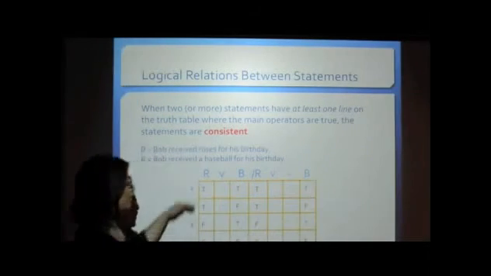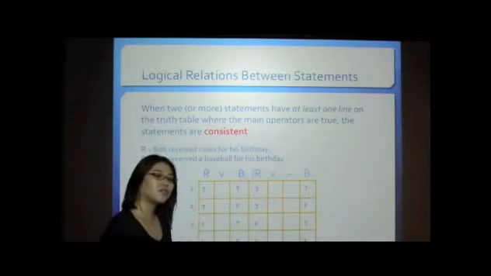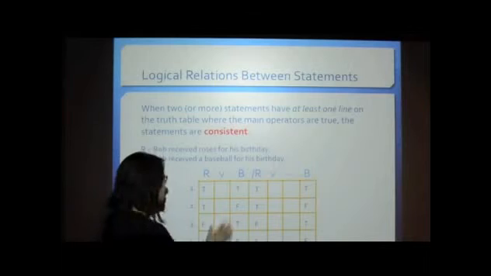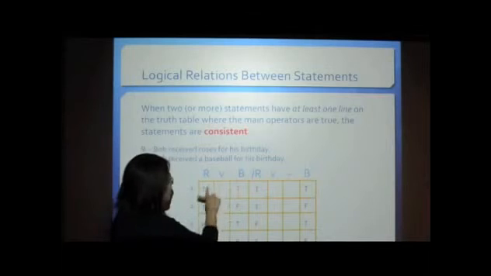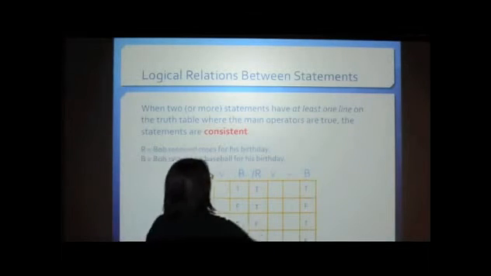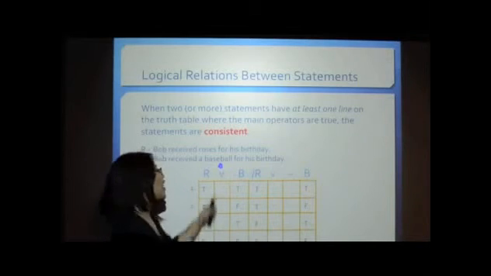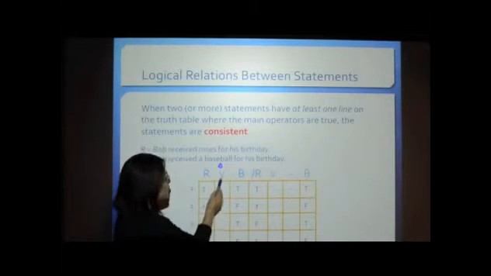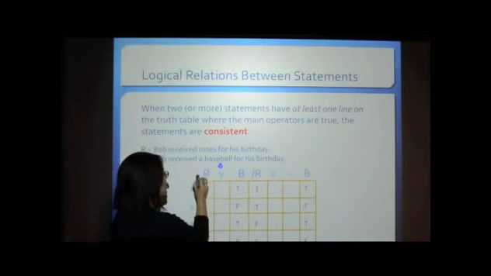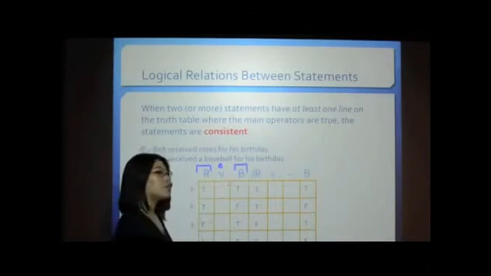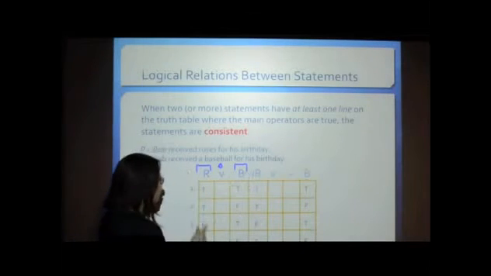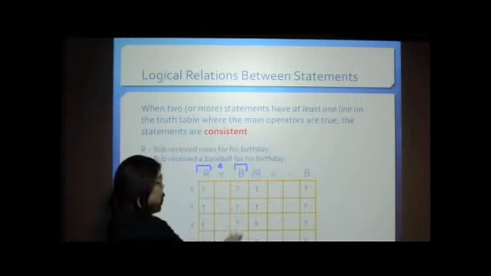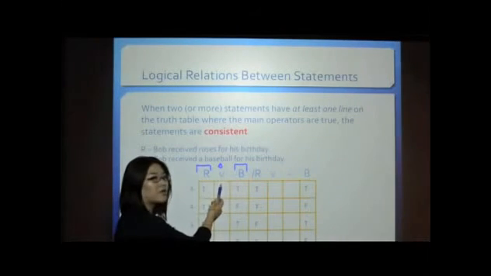Now what we want to do is determine the truth values for the logical operators. Because we have two statements, we're going to work with one statement at a time. On this side, notice that we have a disjunction, which is the main operator, that wedge, which means this disjunction pulls together the two components, the R and the B. To figure out the truth values that go under this disjunctive wedge, which are the truth values for this whole statement, we use the truth values for R, the truth values for B, and the truth function for the wedge.